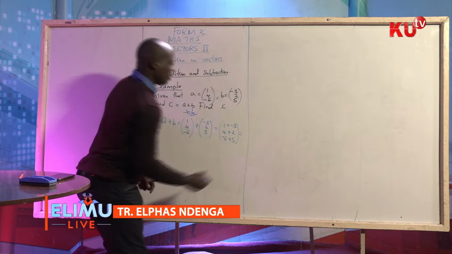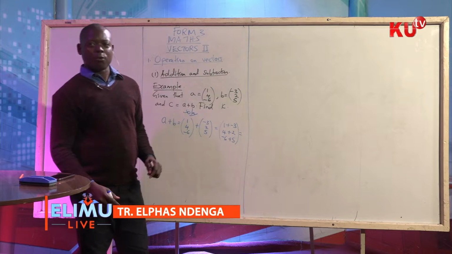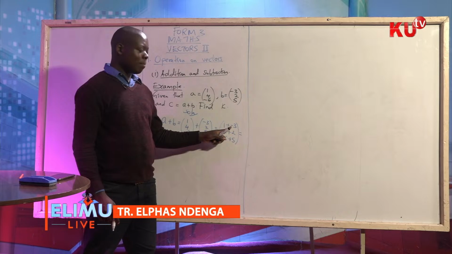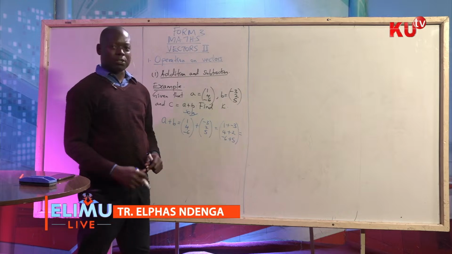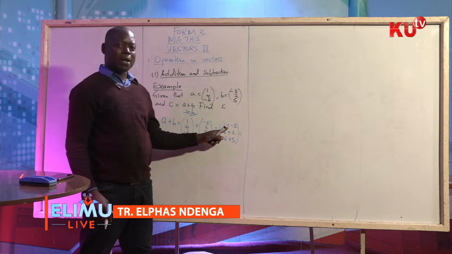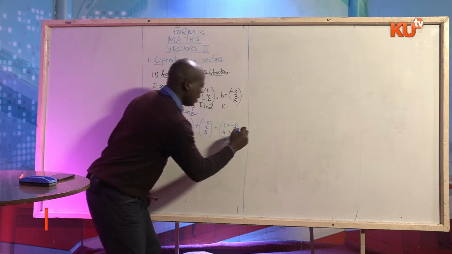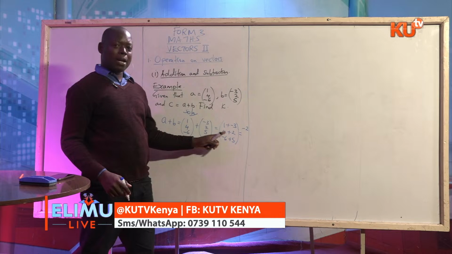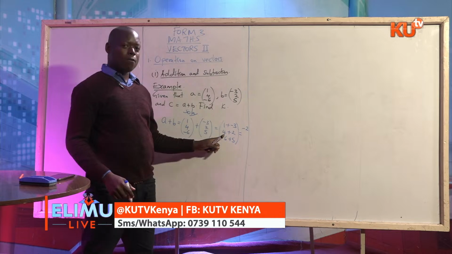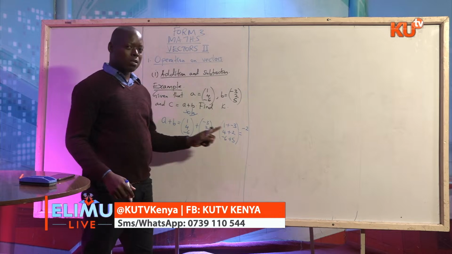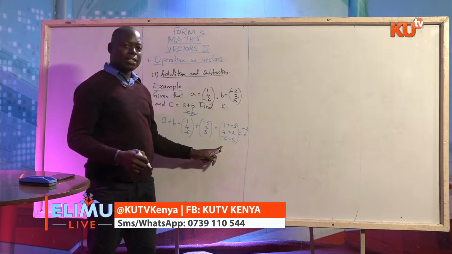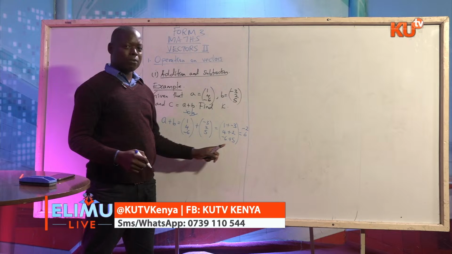So what happens, students? When we have 1 plus minus 3, what is the result? Good. The answer is negative 2. What is 4 plus 2? The answer is 6. And what is negative 6 plus 5?